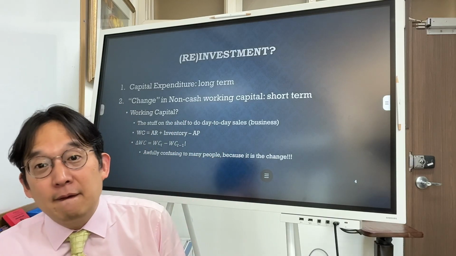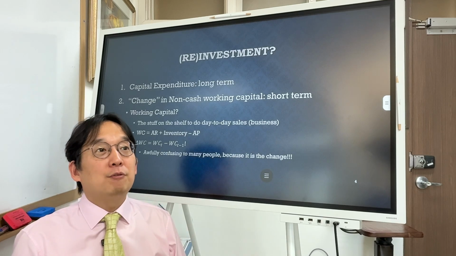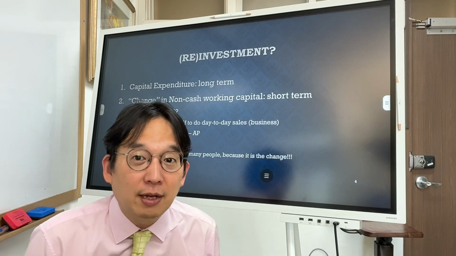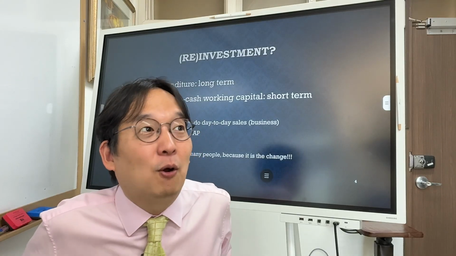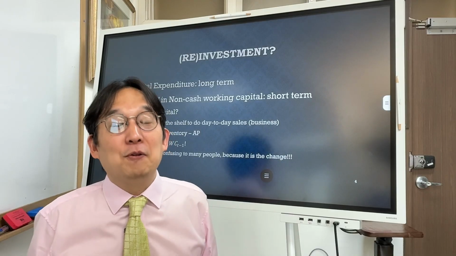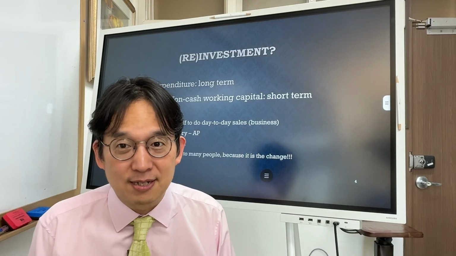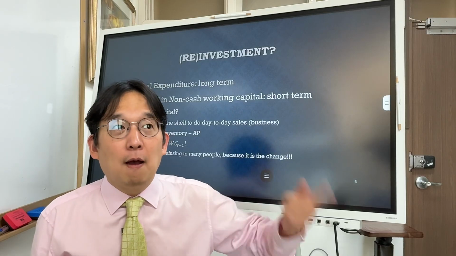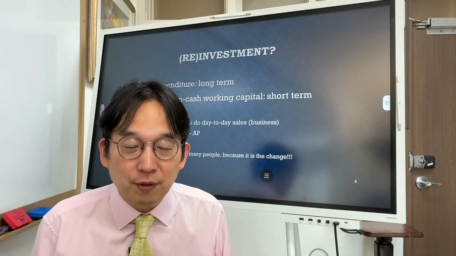The garments on the shelf are ready to be sold off, but they don't sit there for 10 years or something. If that happens, it's bankrupt, okay? Usually those inventories will be sold off within a month or less, right? They try to make it quick so that they will be cashing it out very quickly.